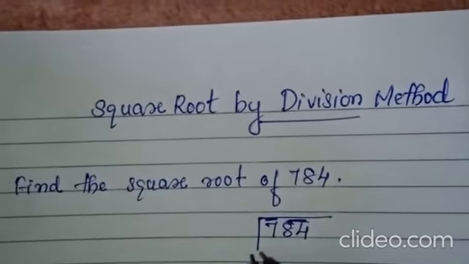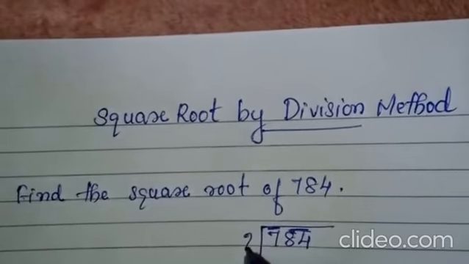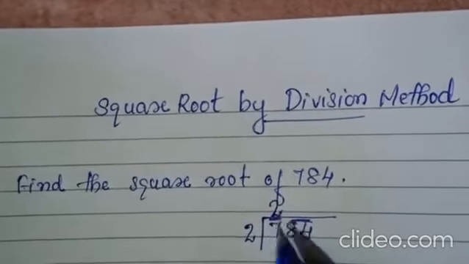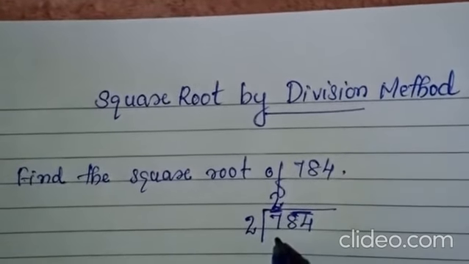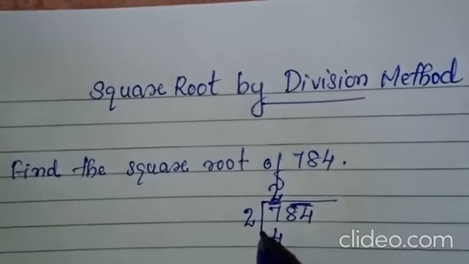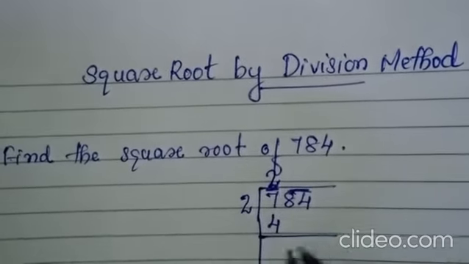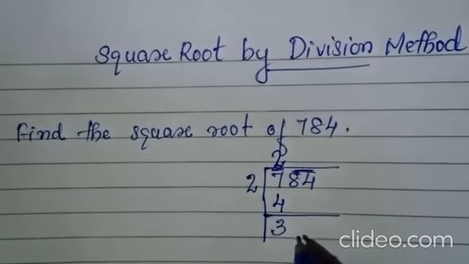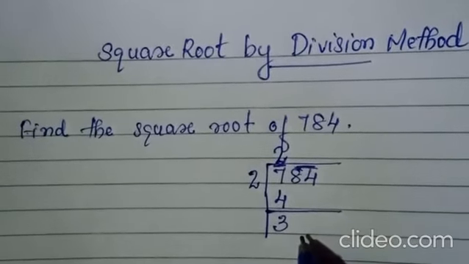So we will take 2. The quotient is also 2. 2 2s are 4. 2 square is 4. Then subtract this number, we will get 3.